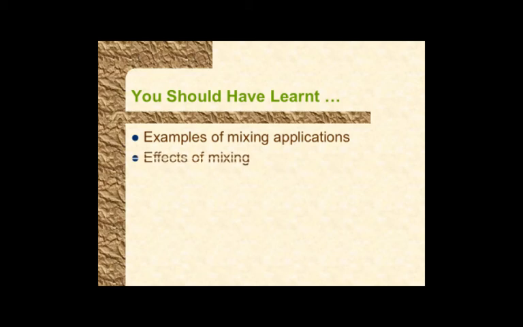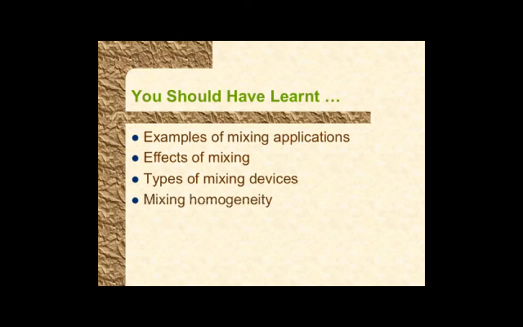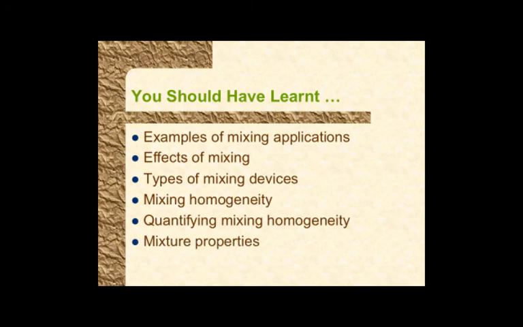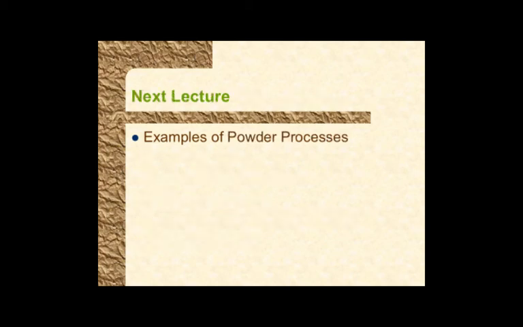When do you mix? What changes when you mix? Different kinds of mixing devices. How to tell if the mixture is homogeneous or not. How to quantify it. How to measure different properties. And based on the variation of the properties, how to say whether you have a good mixture or you don't. Are the zirconia nanoparticles completely dispersed? Are they not dispersed? How can I tell?